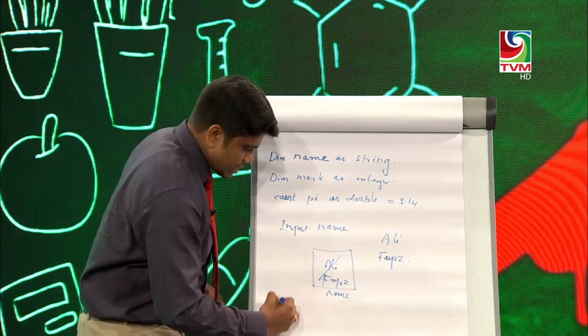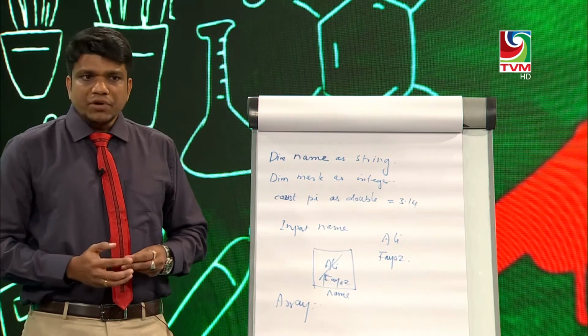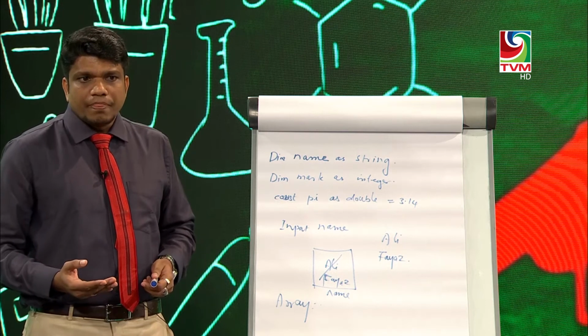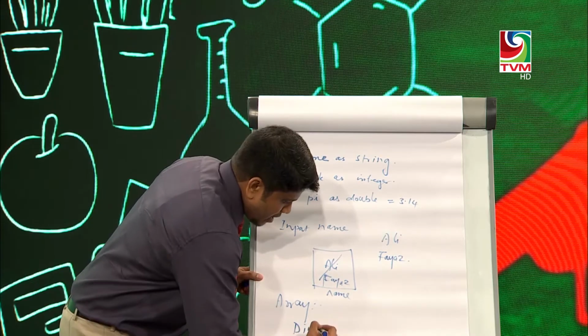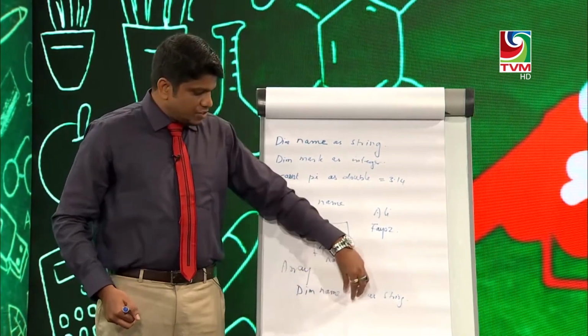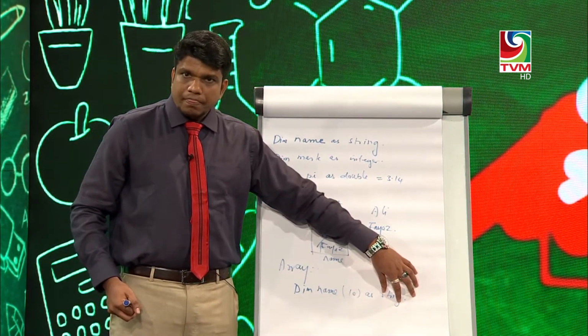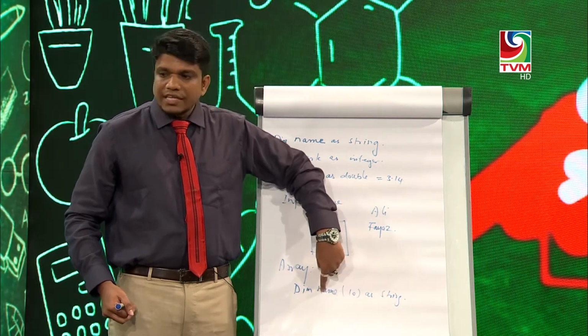And one more thing, next one is array. An array is a name of a memory storage which stores multiple values of the same data type with different indexes. For example, suppose I am taking Dim name(10) As String. That means name is an array, the maximum number of values we can store is 10, and it takes the data type string. So we will be able to store multiple values with the same name.